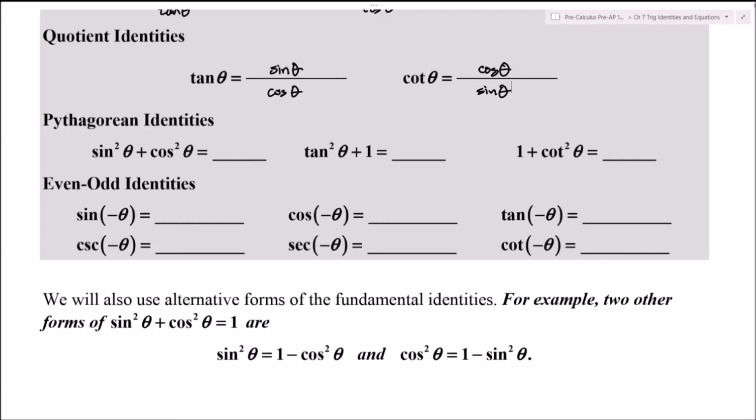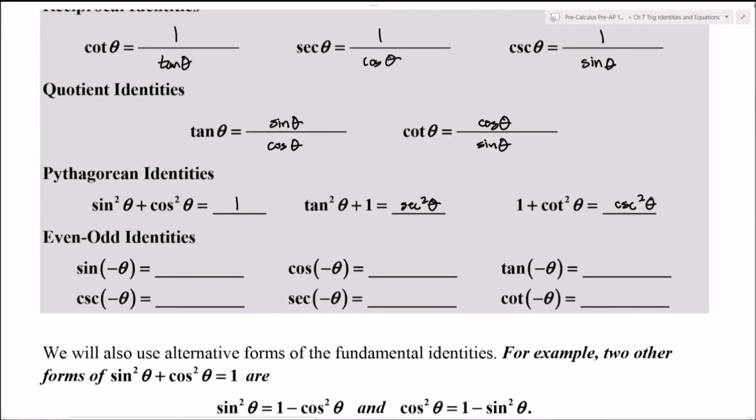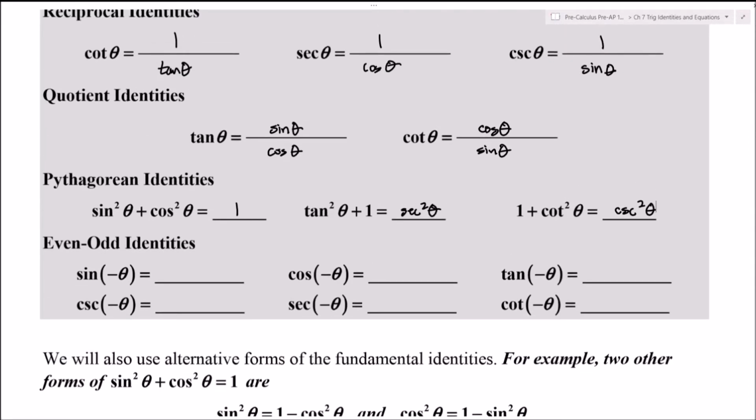So sine squared plus cosine squared is equal to 1. Tangent squared plus 1 is equal to secant squared. 1 plus cotangent squared is cosecant squared. And of course, I'm writing theta, theta, theta all the way throughout. These only work if those are the same angles. Tangent squared theta, secant squared theta, cotangent squared theta, cosecant squared theta, sine squared theta, cosine squared theta, and so on.